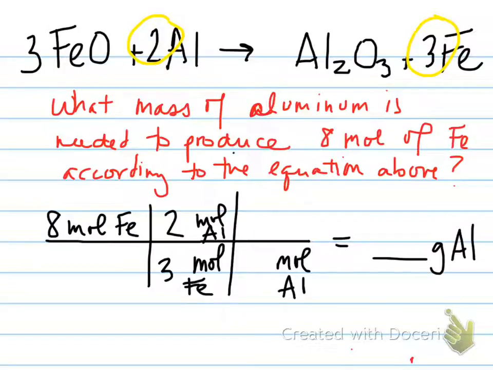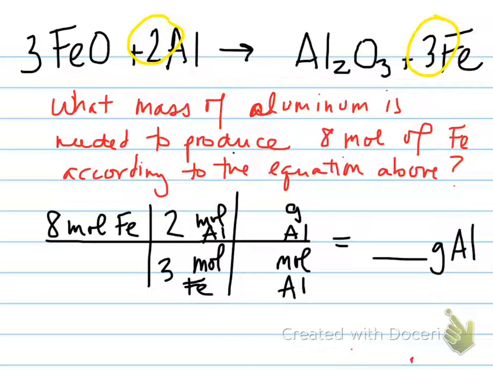And how do we get from moles to grams? What units, what chemical do we need to have on the top to get into? We're at the last step. We're ready to take the leap over into whatever units and chemical we want. So that last box is going to be grams of aluminum. Now, where do we get a relationship between grams and moles?